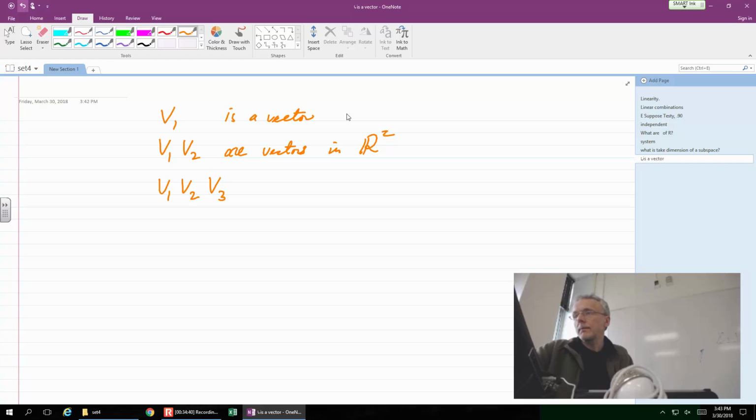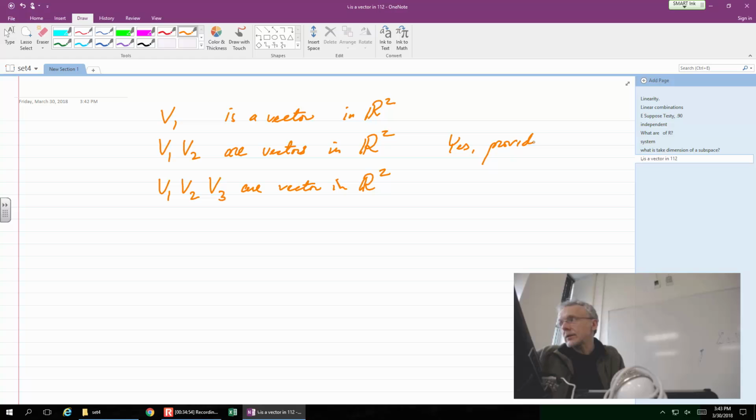Vector in R2, and these are also vectors in R2. Okay, so once again, this one is yes, provided. The answer is provided.